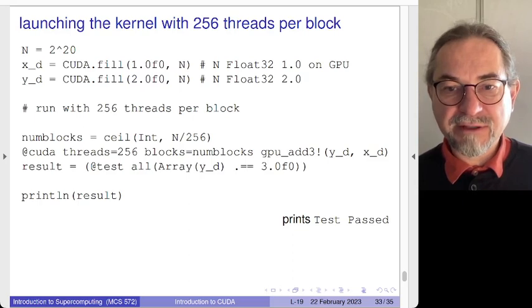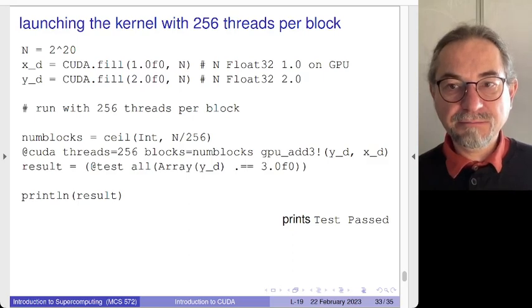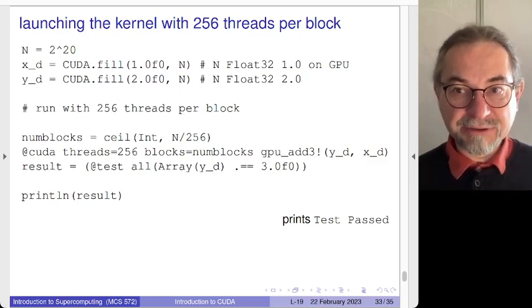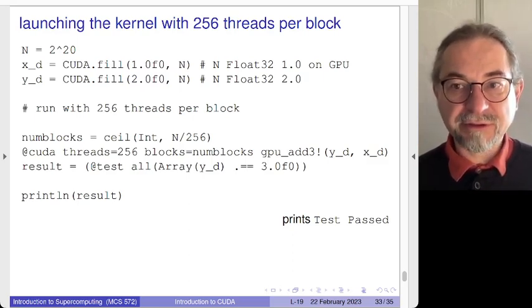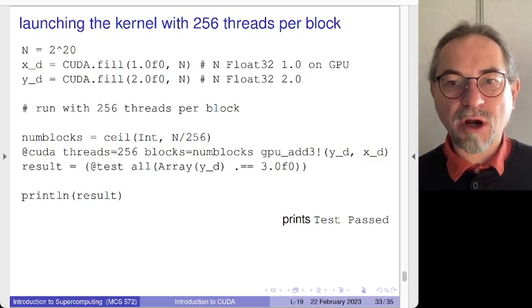The importance of this slide is that you can see that we can specify the number of blocks and also the number of threads per block. So what comes after the @cuda specifies that we will launch the gpu_add3.